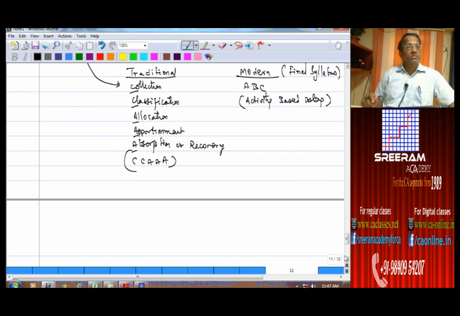Now let us go a little deeper into the subject. What do you mean by collection? Collection of data related to overheads. We have factory overheads, administration overheads, and selling and distribution overheads.